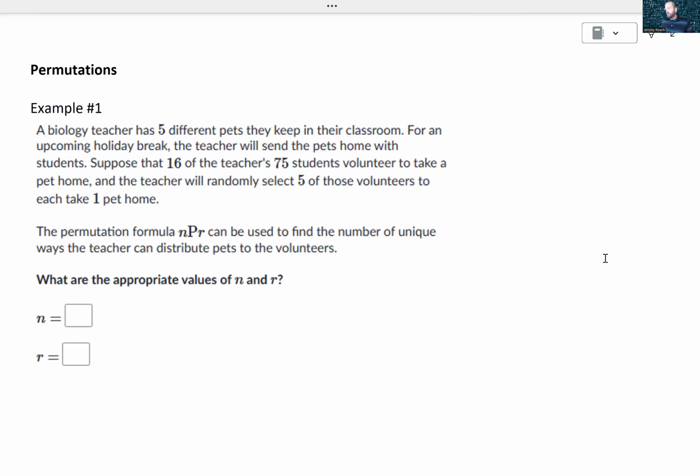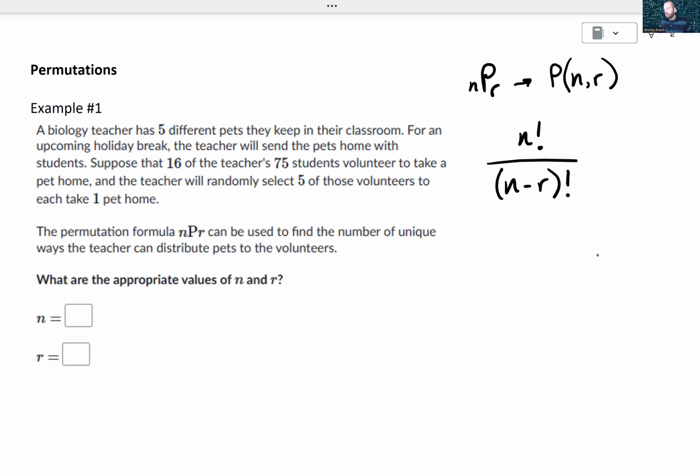And the formula for permutations, we write it like this. We say nPr. And you can also see that sometimes on a calculator, it looks like this instead. It says P and then it has n comma r. So we can write the numbers like that on a calculator. But the formula for this is n factorial over (n minus r) factorial.